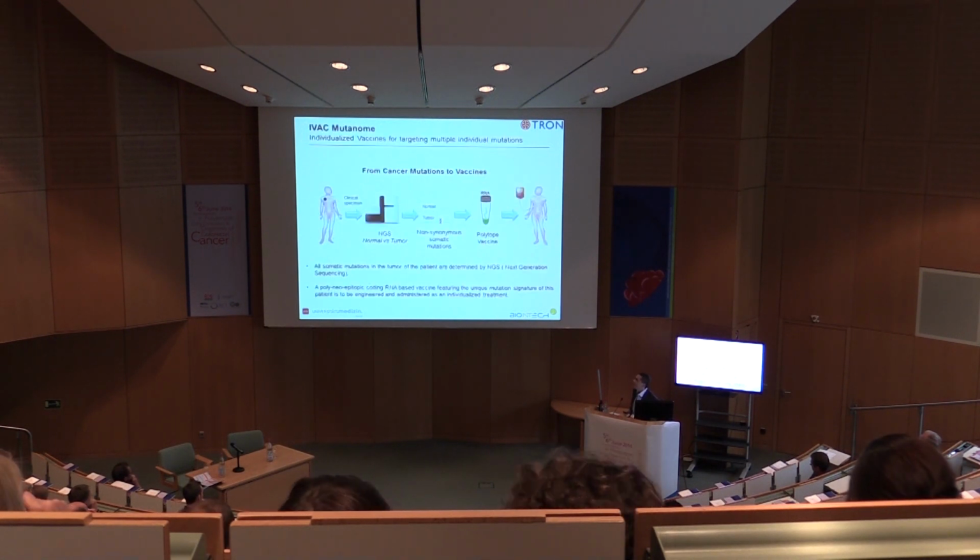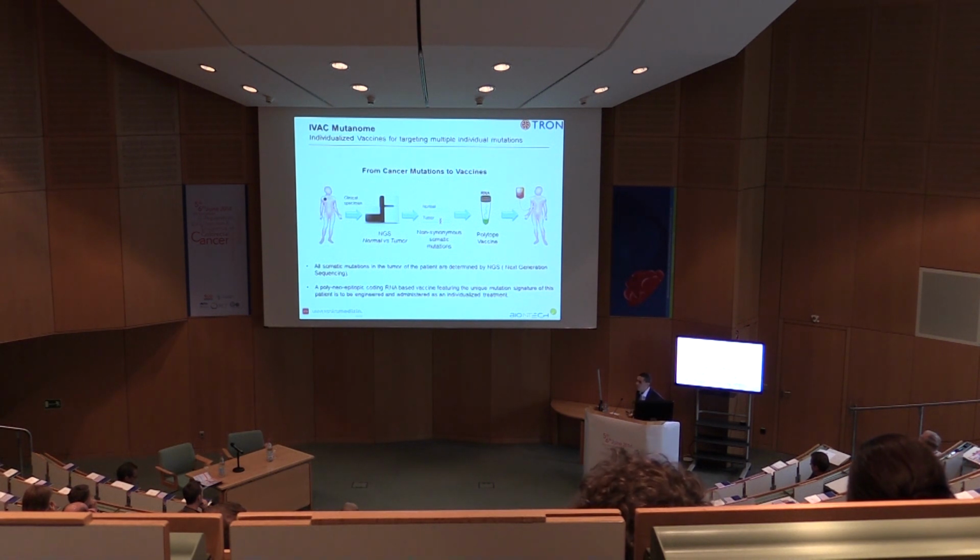So the question is, if recognition of mutations is indeed key for cancer immunotherapy, can we use that approach and induce de novo immune responses and amplify existing immune responses against mutations?